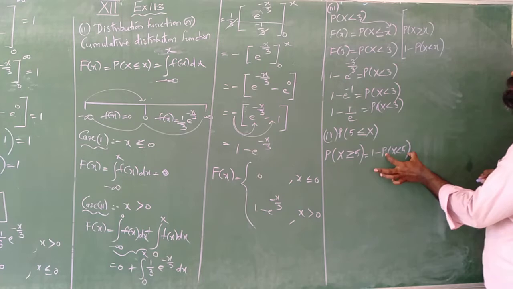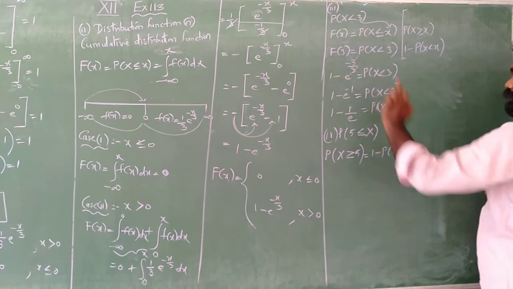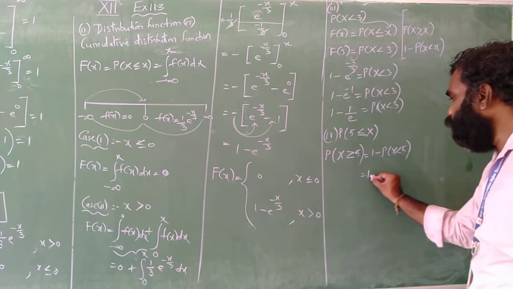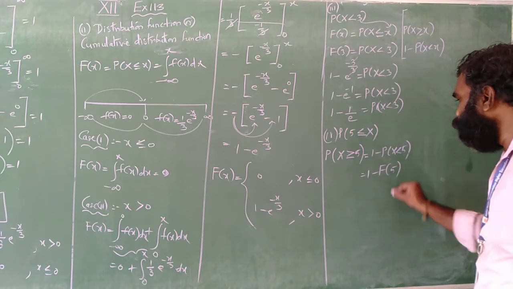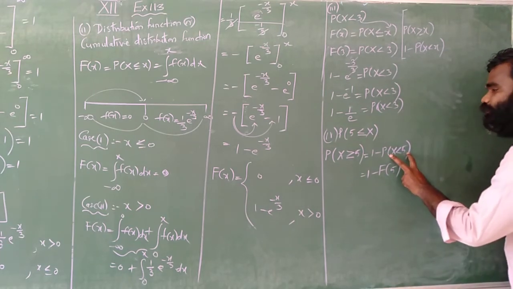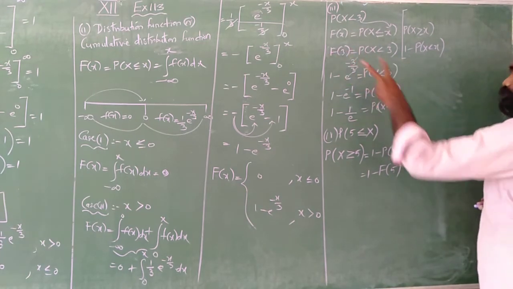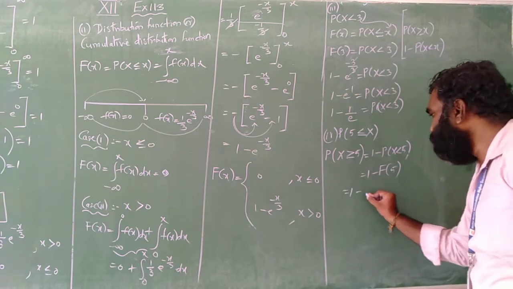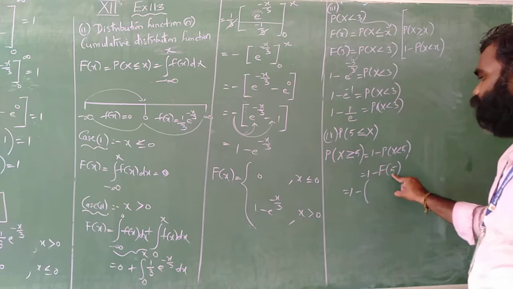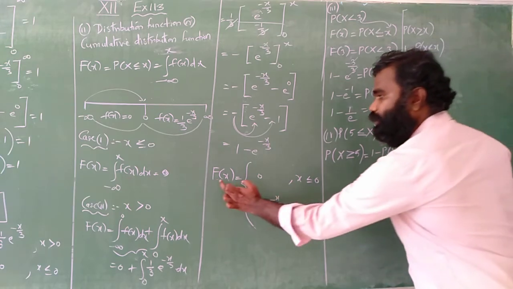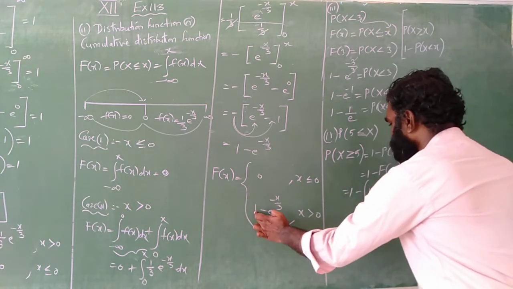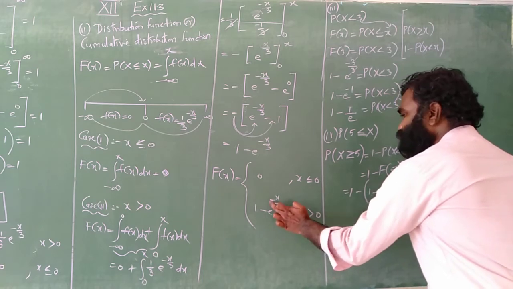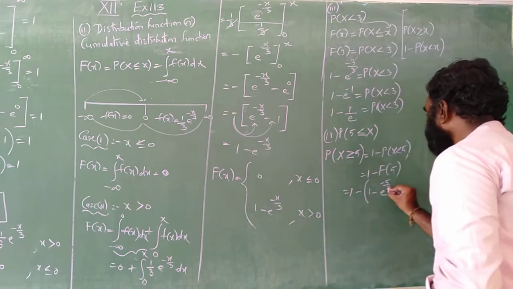The same. See, less than 3 is F of 3, less than 5 is F of 5. So I can put 1 minus, open the bracket, F of 5. In place of small x, apply 5. F of 5 is equal to 1 minus e power minus 5 by 3.